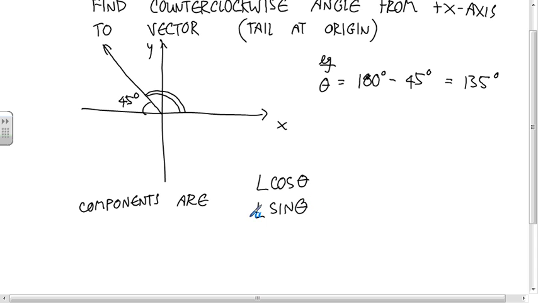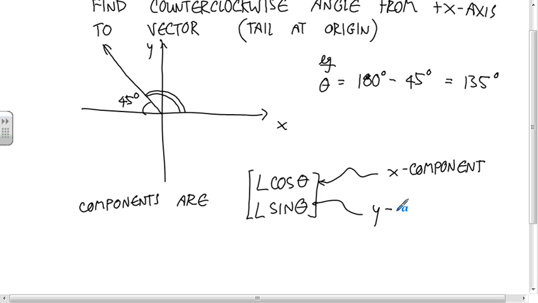We're going to always write it one on top of the other like this, with the x component written on top and the y component on the bottom.